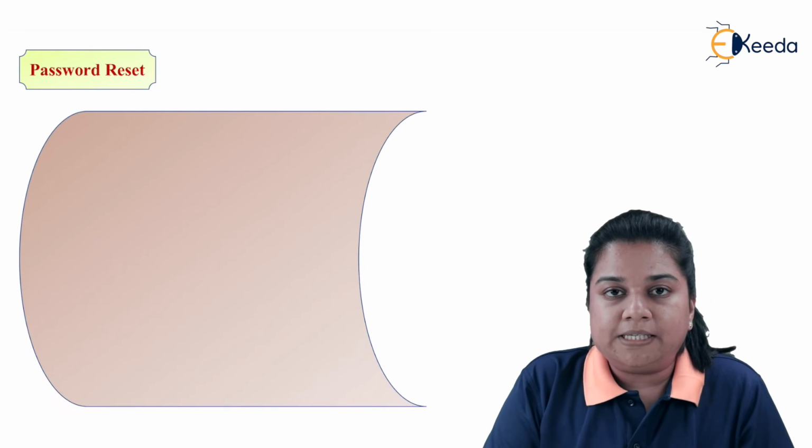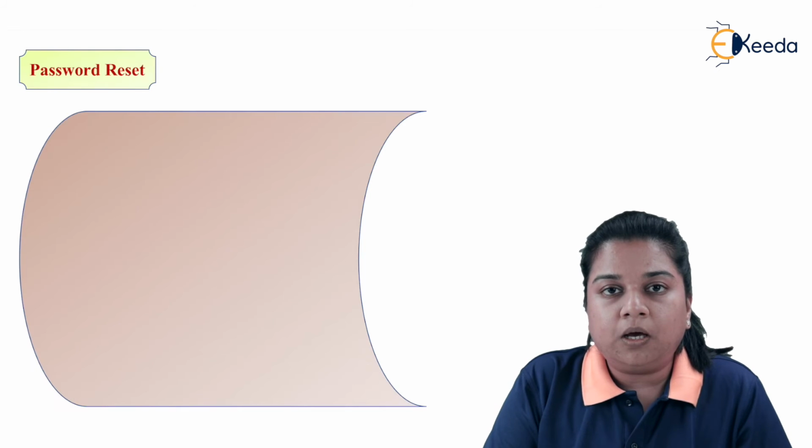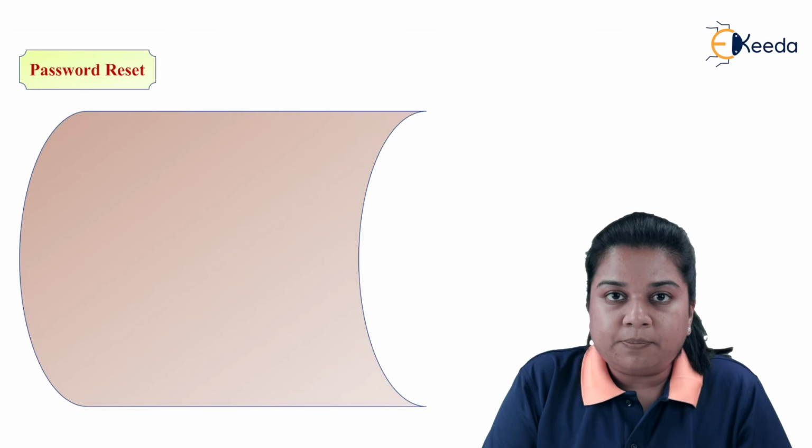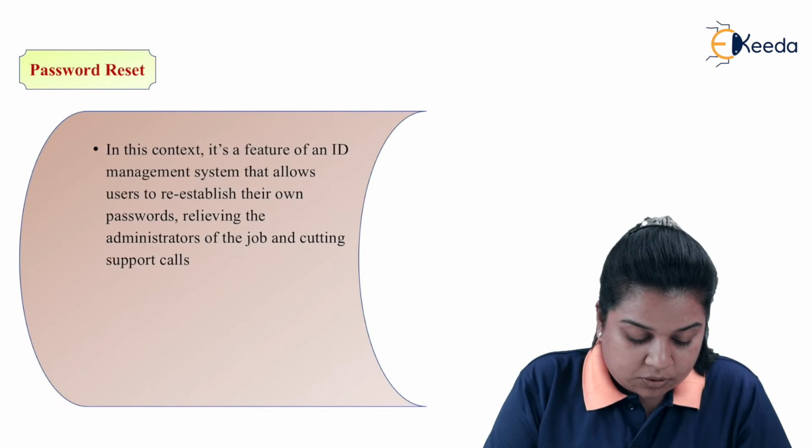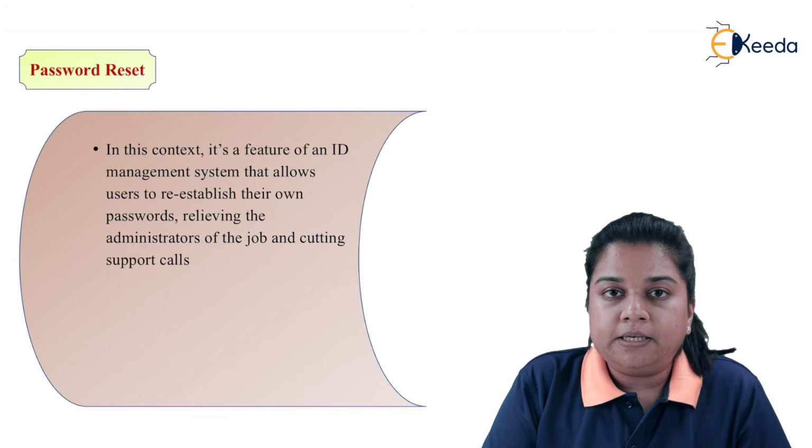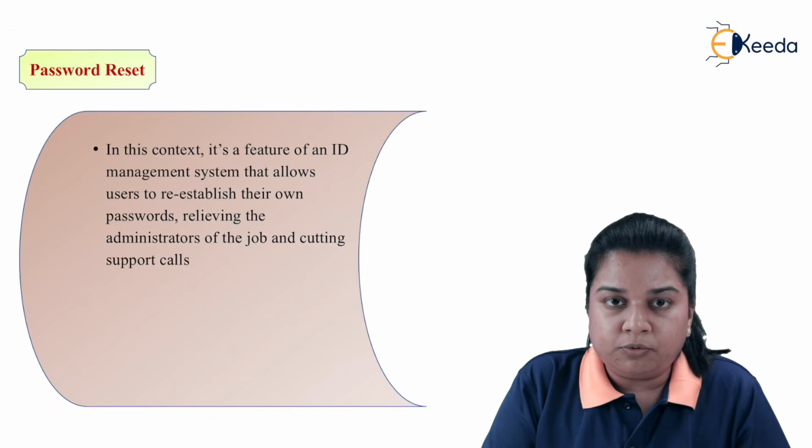Then password reset. That means once a user is assigned a username, if the user forgets the password, they can reset it with the help of identity as a service, as it is one of the attributes in it.